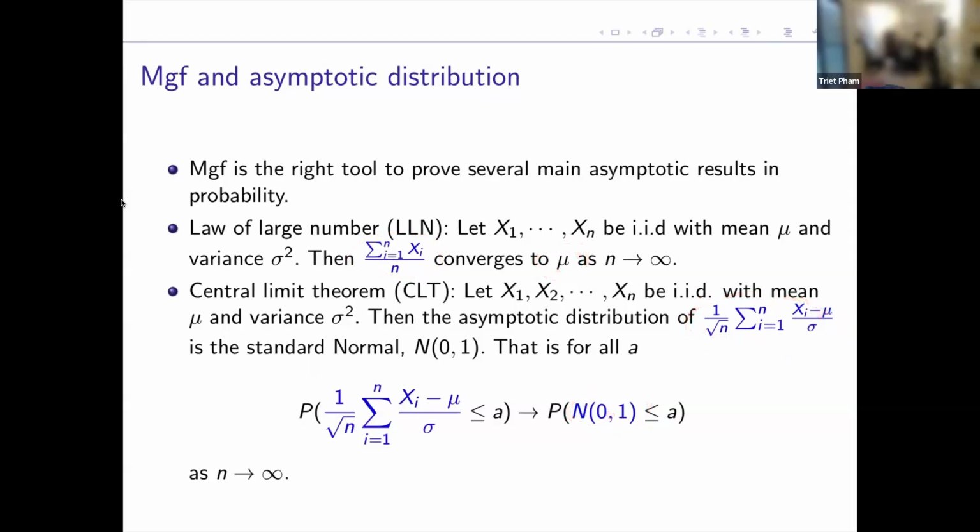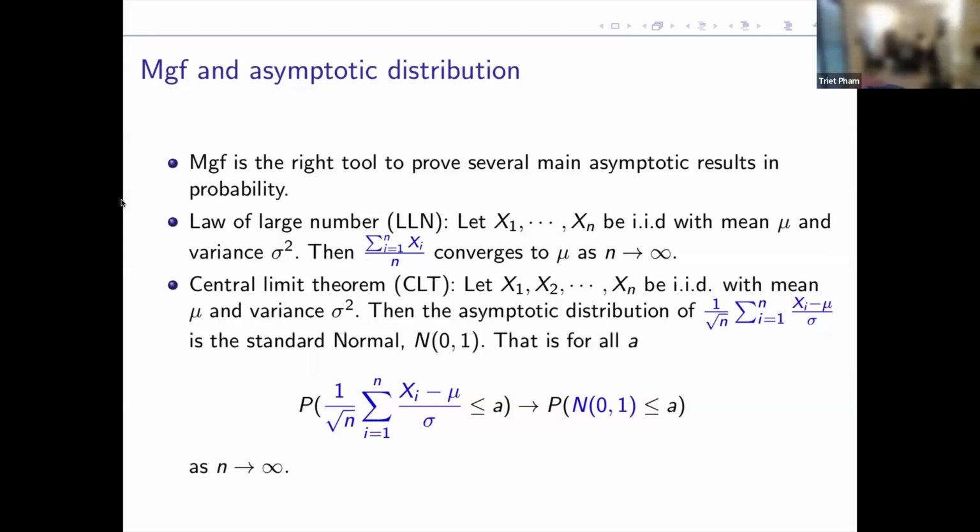So instead of proving this complicated probabilistic limit, we take the moment generating function of the terms, then take the limit as n goes to infinity of those moment generating functions and show that it converges to the right target. Okay, so that's the key. Any question?